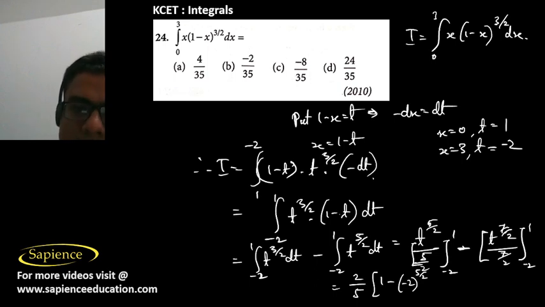So actually minus 2 we can't take. So here actually the question was wrong. It should be from 0 to 1 actually.